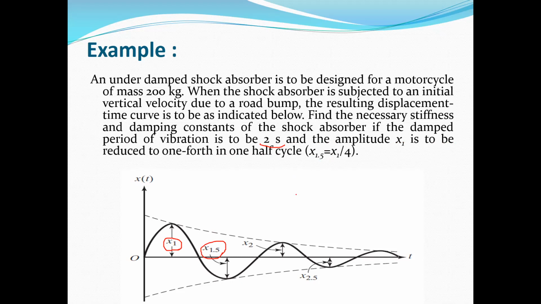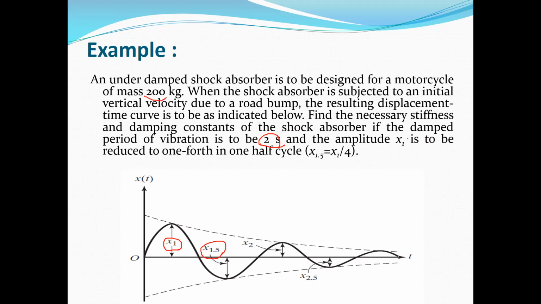So we can use this information. In fact, we want to design a vibration absorber for this system. The mass of the system is 200 kilograms. We know that the period must be 2 seconds. Easily we can obtain the natural frequency from this period, omega n.